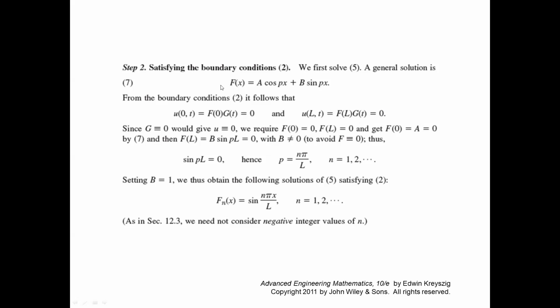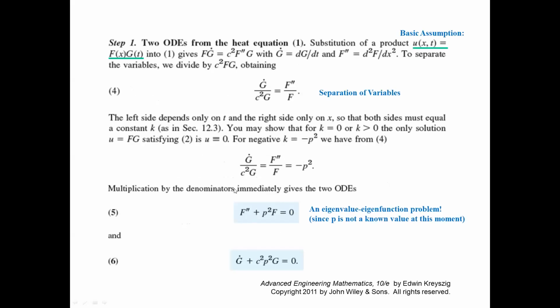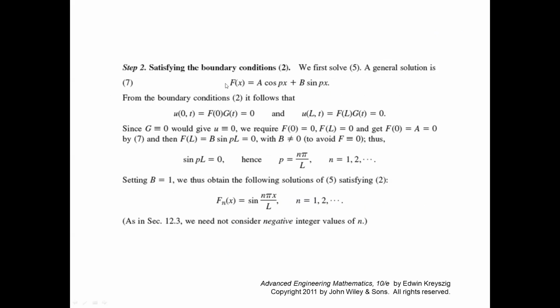Then if we look at the solution, F, integrating this equation 5, we get a very general solution because the characteristic equation has imaginary roots. So we have this as the solution.